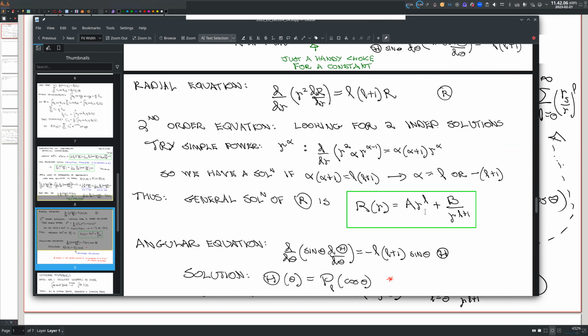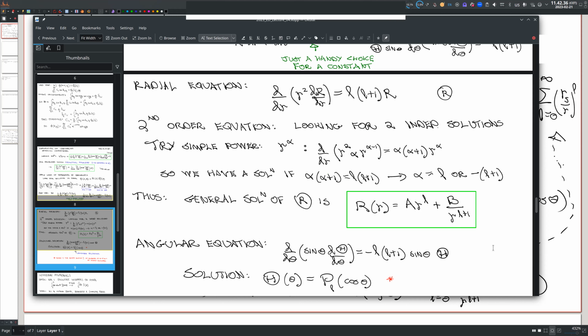There's one that is regular at 0 and blows up at infinity, and one that is regular at infinity but blows up at 0. So these are the A's and the B's. Here I'm writing it for a particular L, but you can choose any L depending on the index of the equation. They're the expansions of these linearly independent solutions to your radial equation.